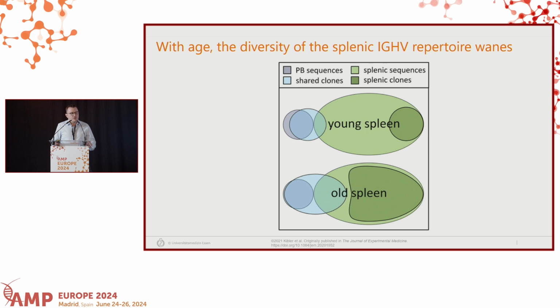Early in life, a major fraction of peripheral blood-derived sequences corresponds to shared clones with the spleen. There's a high fraction of unique sequences in the spleen. So there's a high heterogeneity, which makes the splenic immune system flexible, so we think. While during aging, the fraction of unique sequences in the spleen is severely diminished, and most sequences belong either to shared or to splenic clones.